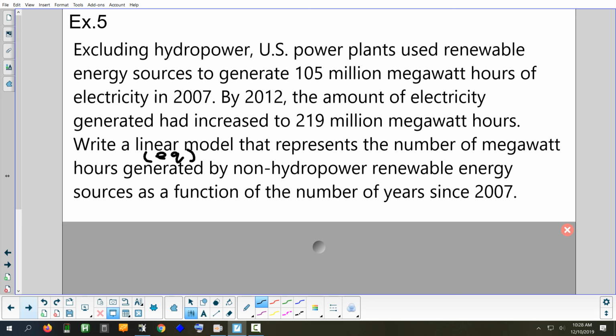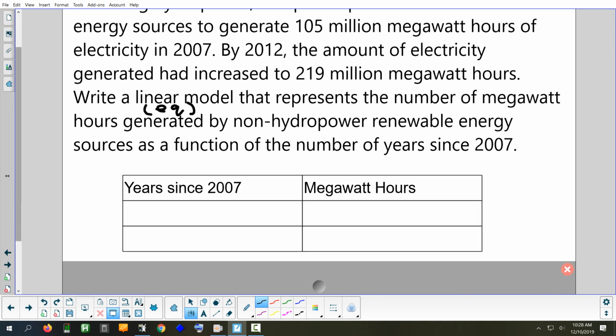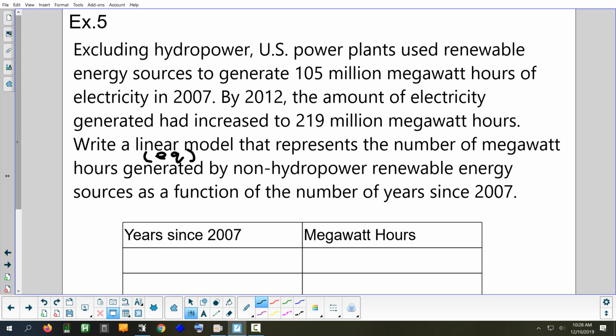So all we really have to do is figure out two coordinates from that problem. And what I did is I gave you guys a hint. I made a table, and we just have to fill in those 4 boxes. So what's one year that they talk about in this word problem? They mention 2 different years.